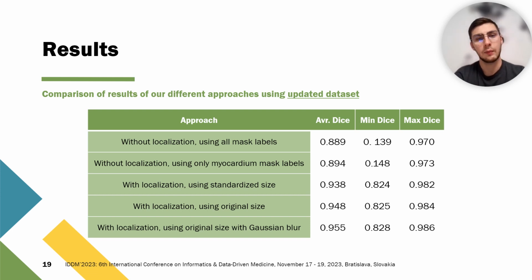Then post-processing and resizing the image before testing. And in the last experiment, we test the model with localization using Gaussian blur and resize the mask. As you can see, each improvement increases quality, and altogether it shows a dice value of 0.955, which is a pretty good result.